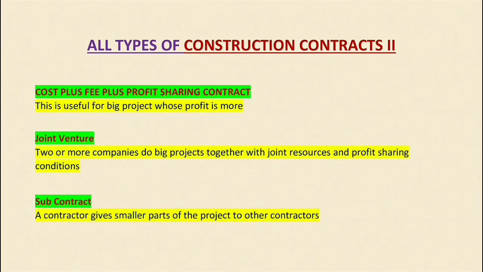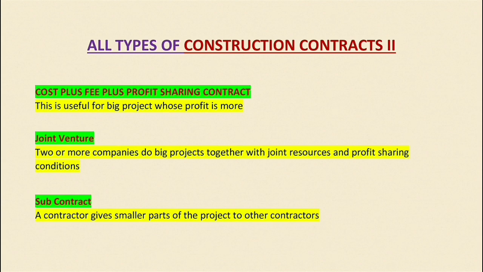Then the sixth type is the cost plus fee plus profit sharing contract. This is useful for bigger projects whose profit is more. In this type of contract, the contractor is given the original amount plus some profit share, which is like a joint venture. If the project is a bigger, mega project, he gets some profit sharing.